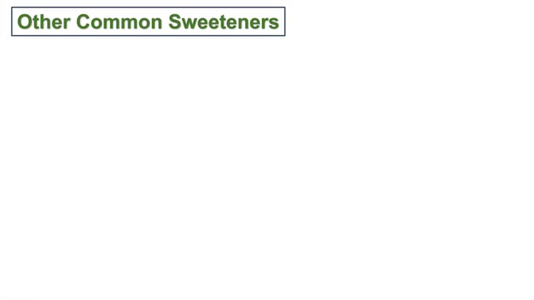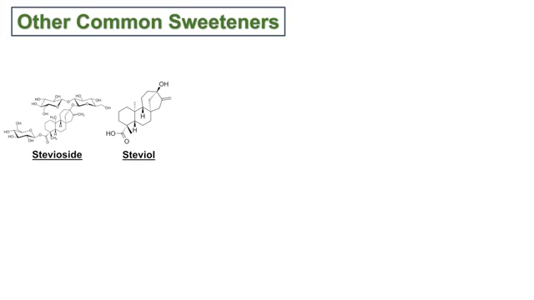Some other common sweeteners include stevioside or steviol. These are just other names for stevia. And stevia is also an artificial sweetener that you can commonly see in many dietary foods as well. So stevioside or steviol or stevia actually is a plant-based compound from the Stevia rebaudiana plant.